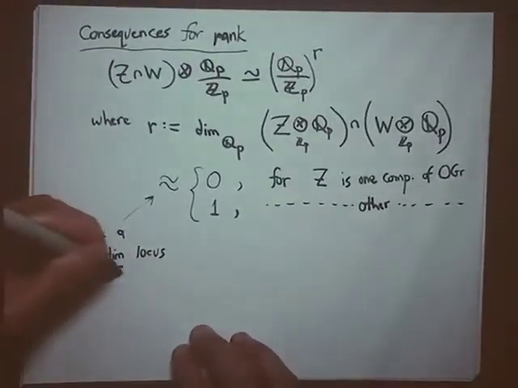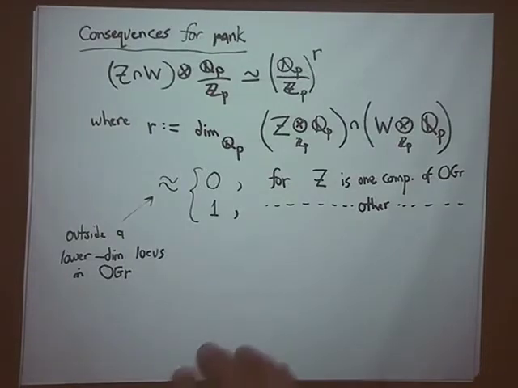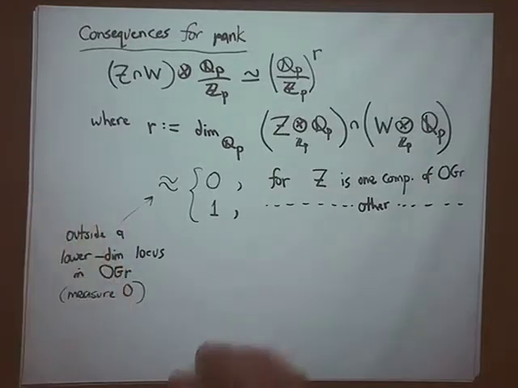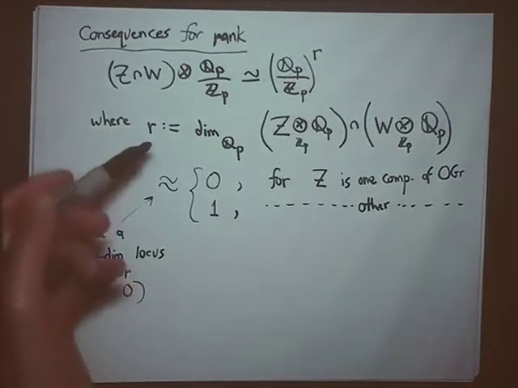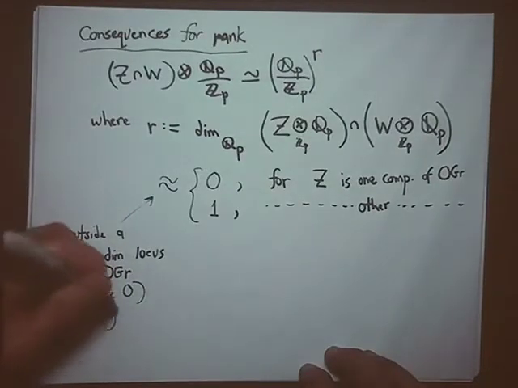And lower dimensional locus means, we're talking about the set of p-adic ZP points of OGr, so lower dimensional means it's going to be measure 0. From the point of view of probability, I can just ignore it. So this means that 50% of the time this R is going to be 0, and 50% of the time it's going to be 1.